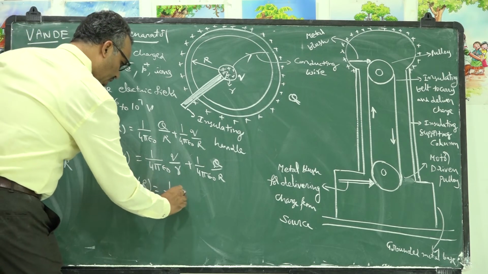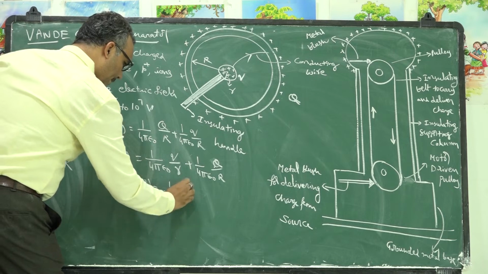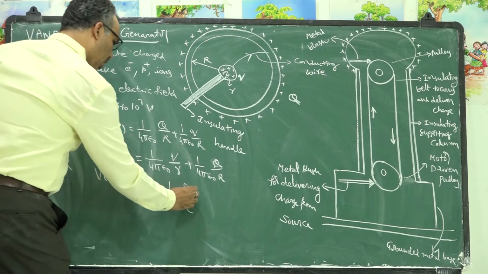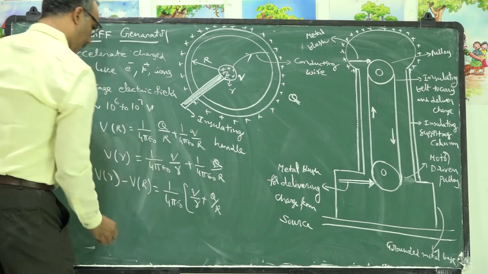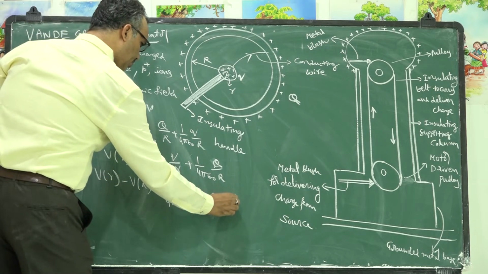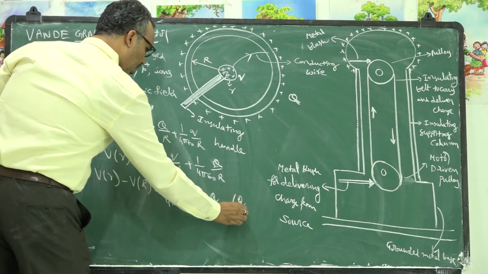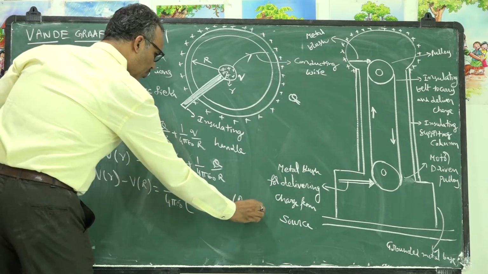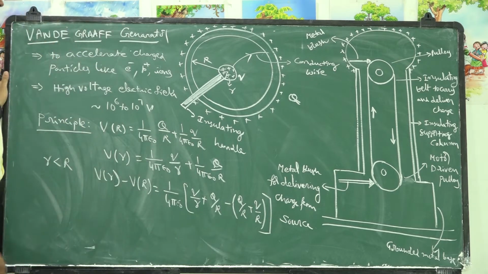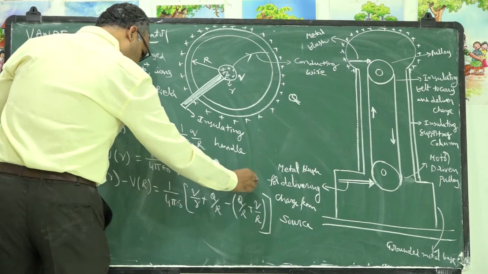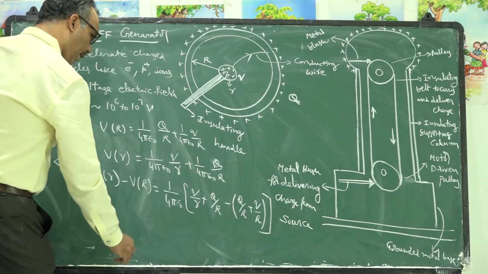1 by 4 pi epsilon naught, you can take common. Smaller sphere means q by small r plus q by capital R, minus q by capital R plus q by capital R. What will happen? Q by R gets cancelled.